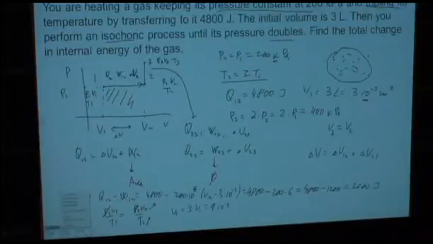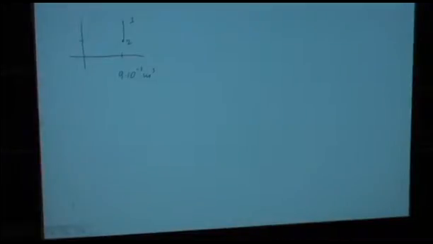So this one, 2, 3. This volume equals 9 times 10 to the negative 3 cubic meters. This pressure equals 200 kilopascals, and this pressure equals 400 kilopascals.